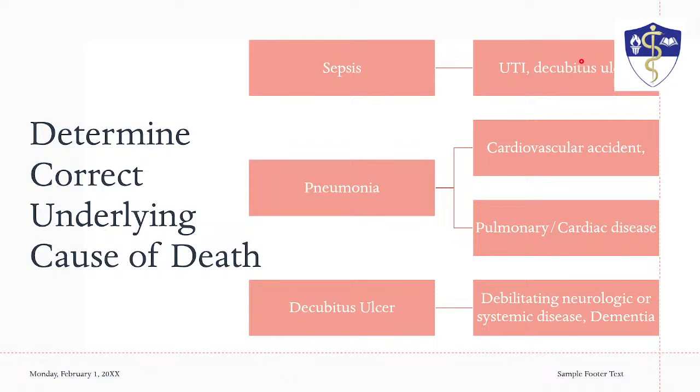So pneumonia. Find a better one, if it's pulmonary or cardiac disease or a cardiovascular accident, instead of writing down pneumonia. The decubitus ulcer, I keep saying that. Debilitating neurologic or systemic disease, dementia, yes.